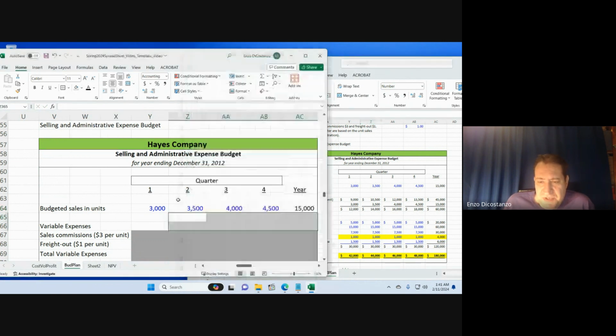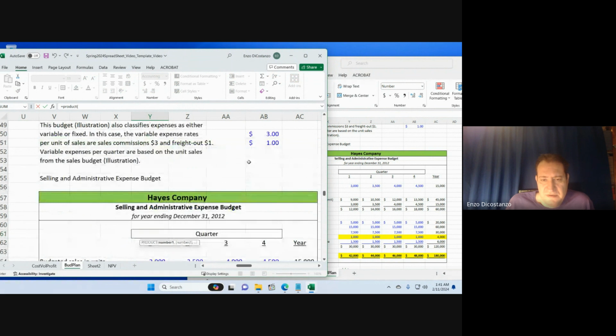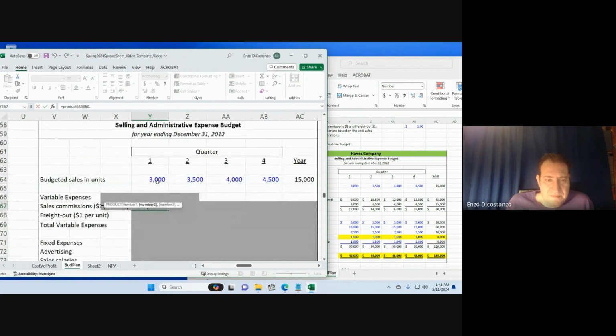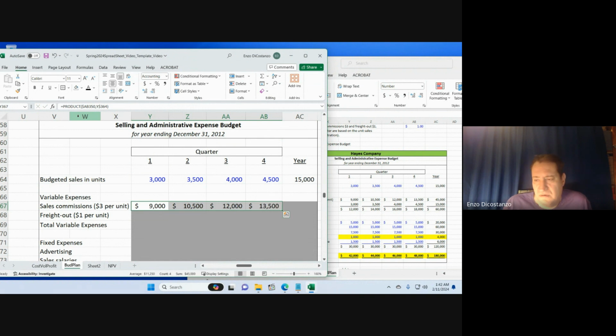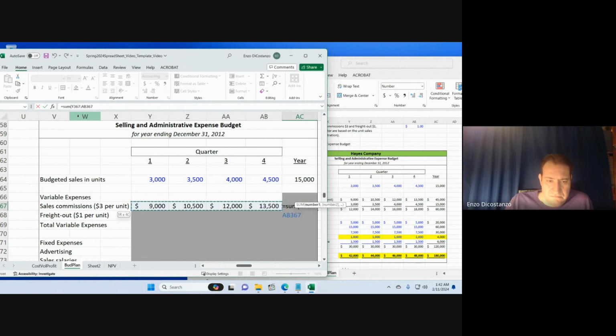The commissions per unit. So equals product. There's 3, comma. Now this is the row. And this thing is going to be the column. It's going to lock that. 9,000, Control R. All right, that's 45,000. That's what that is. Freight out for sales, selling expenses, not overhead, selling expenses.